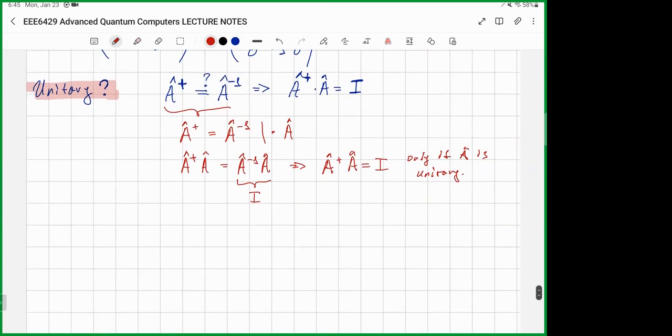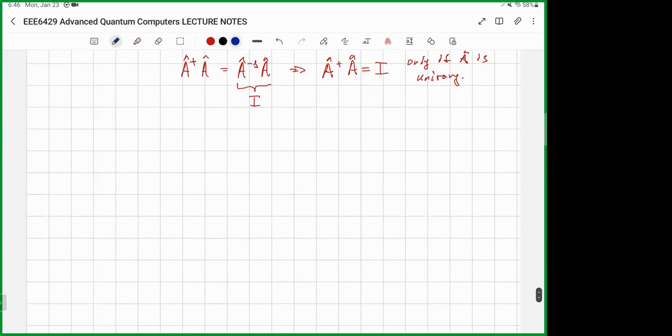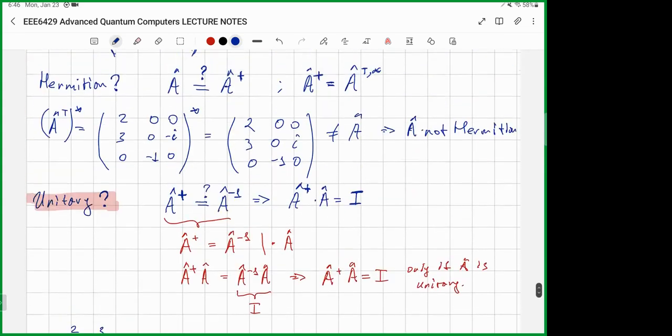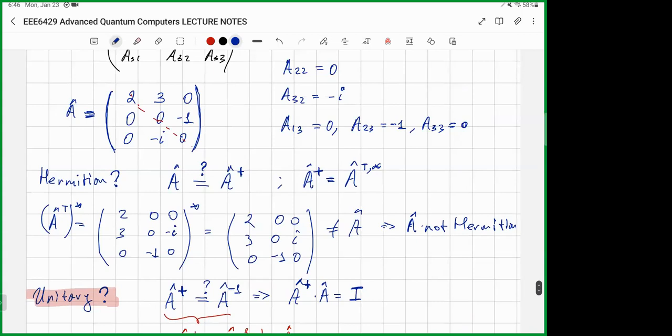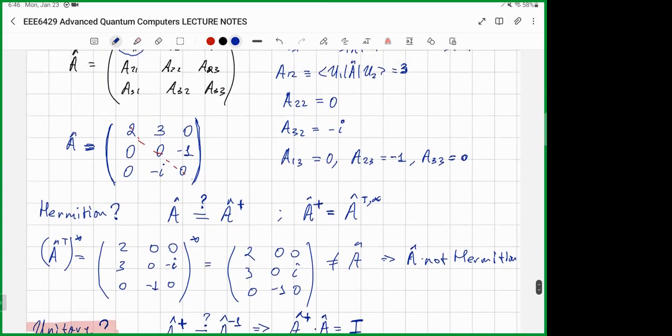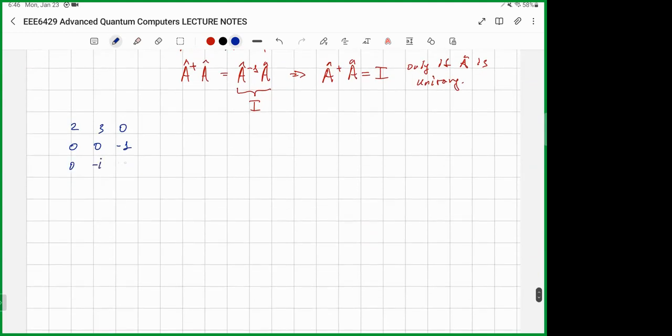So let's check whether our matrix is unitary or not. Our matrix A is 2, 3, 0, 0, 0, minus 1, and 0, minus i, 0. This is A itself.